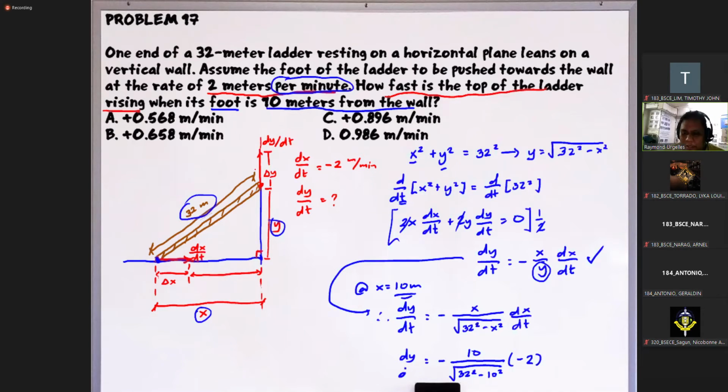Remember na yung y, inassume natin na naka-meters, yung time naka-minutes, so this will be in meters per minute. Also note that negative times negative is positive, kaya tama yung nakuha natin kanina na dapat positive yung dy/dt natin. Diba? So if we try to solve this, we have positive 0.658 meters per minute.